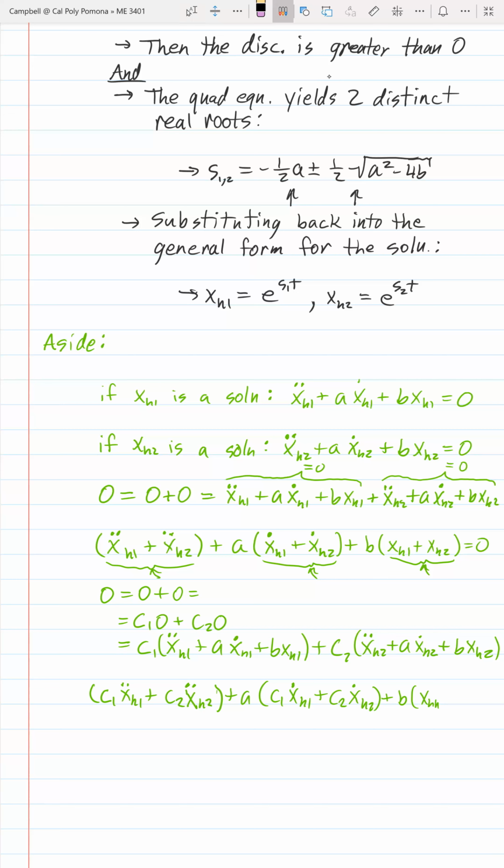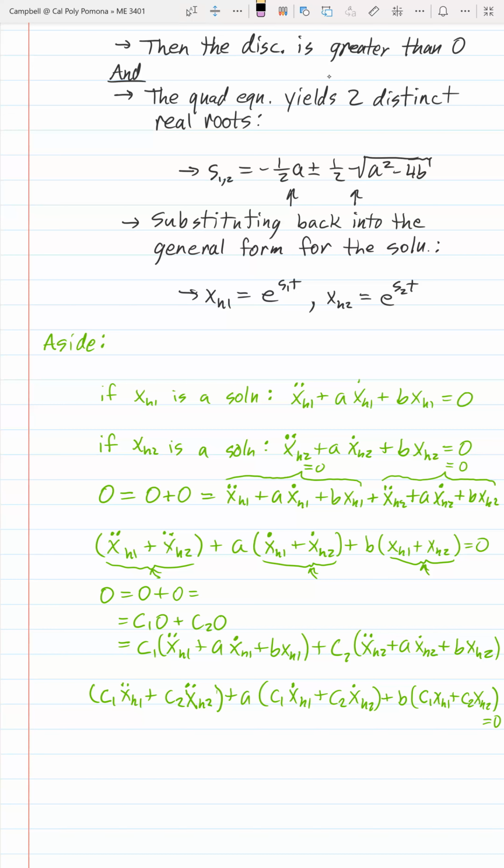Ooh, sorry about that. And I even forgot to put my C's in there. So definitely missed on 2 accounts. Okay, so then I have C1 times XH1 plus C2 XH2, and that's clearly equal to 0, has to be.